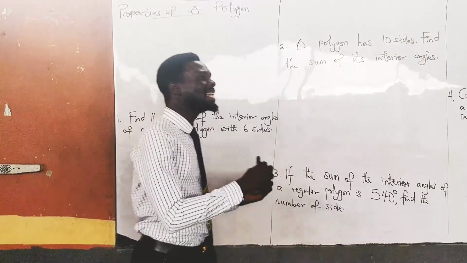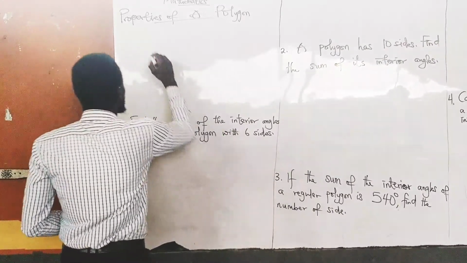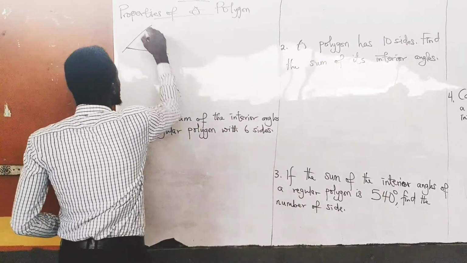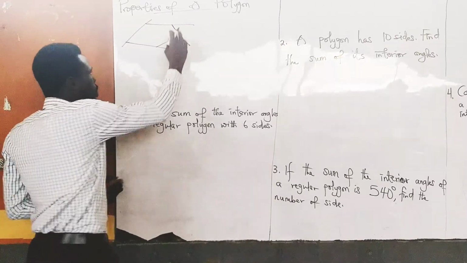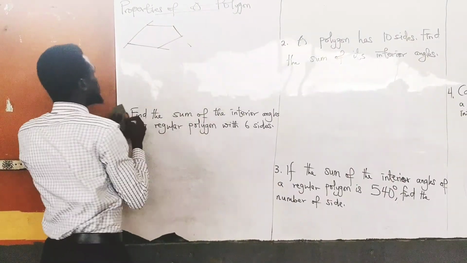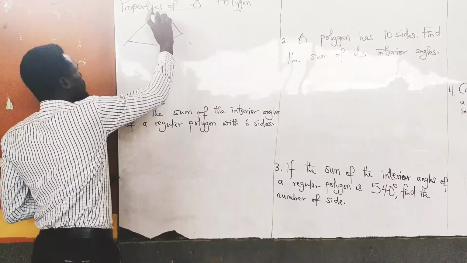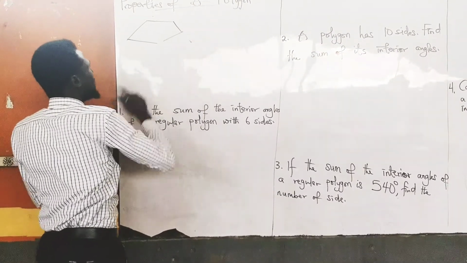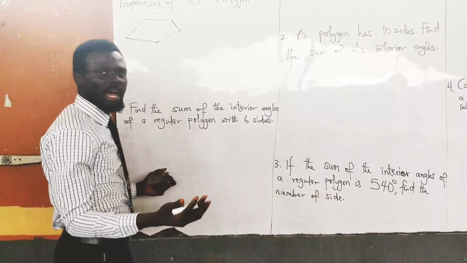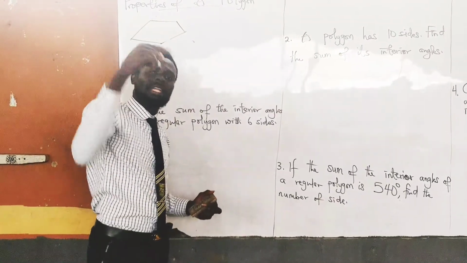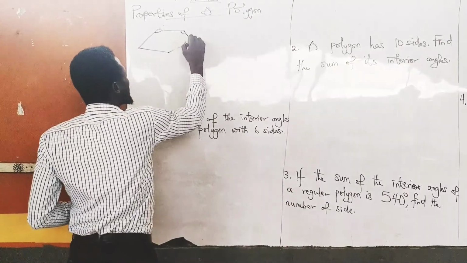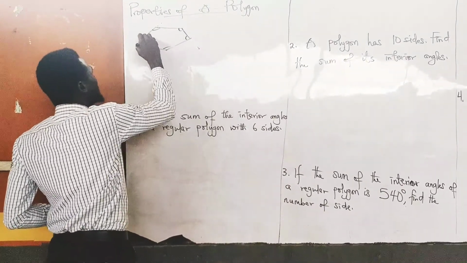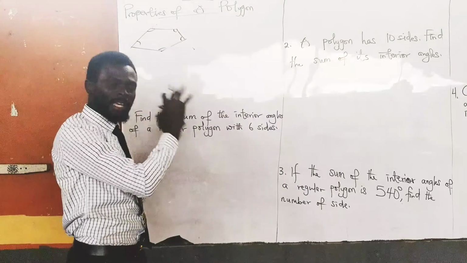Now, when we say interior angle, let's take this polygon for example. This could be a polygon because it is a 4-sided figure. And we have interior angles and exterior angles. Interior angles are the angles that are located inside the figure.